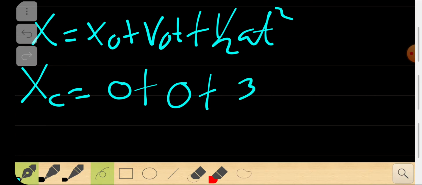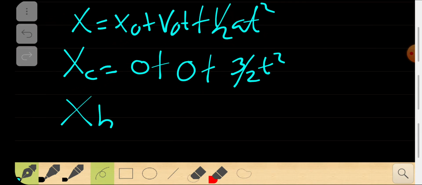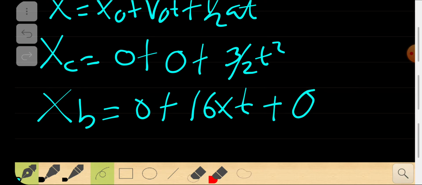So that's 3 by 2 t squared. In the case of the bus, the initial starting point is also 0, and the velocity is 16 meters per second. So it's 16 times t plus the acceleration term, which is 0, since it has a constant velocity and no acceleration.